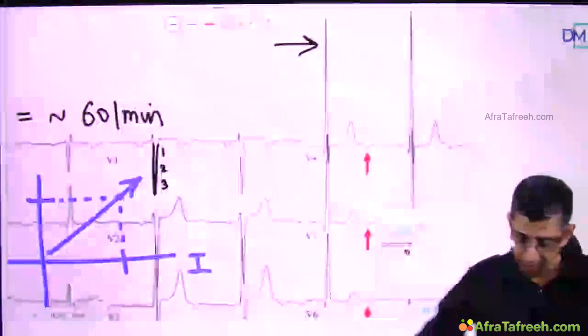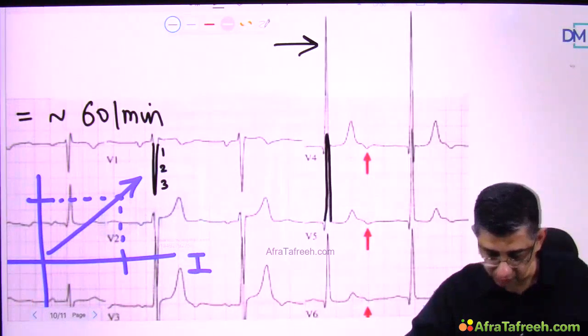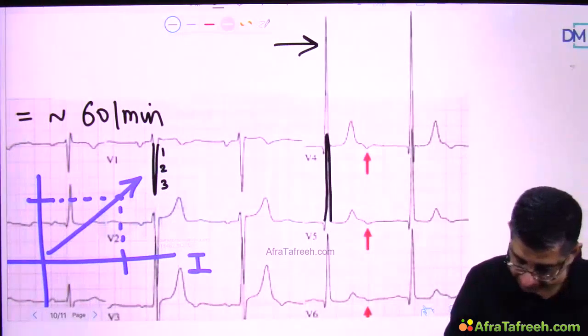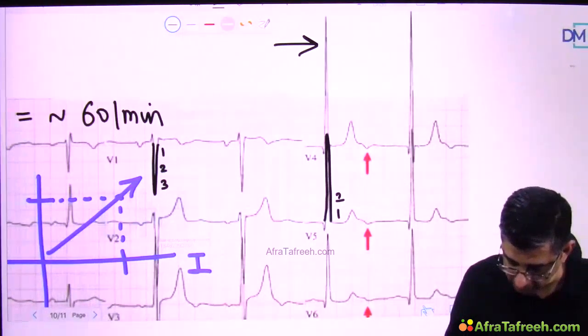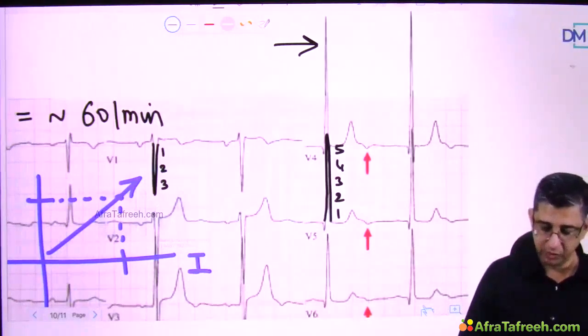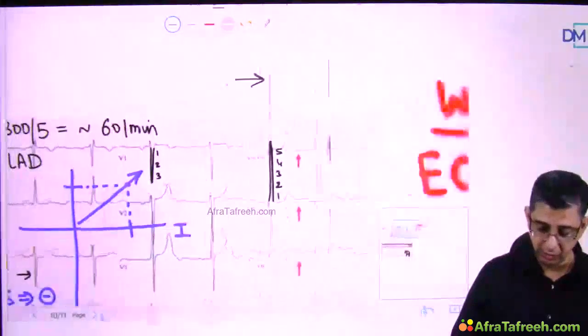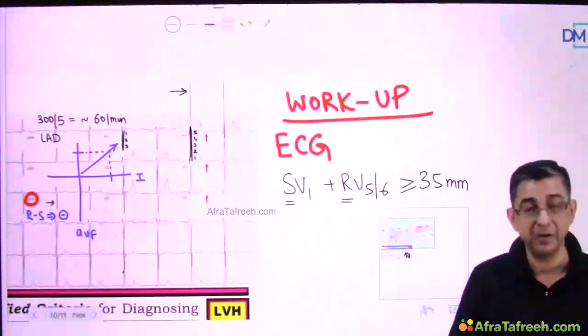And if you look at the height of the R wave with respect to V5, that's substantially tall. So let me just do counting here also. That would be approximately 5 more large squares. So if I add up the two, it's a total of 8 large squares. 8 into 5 would be 40. So the hypertrophy of the patient is definitely present.